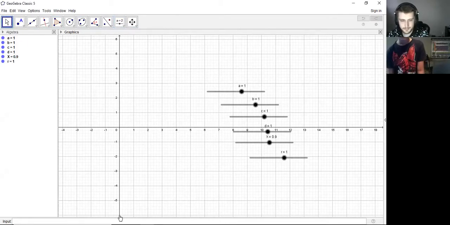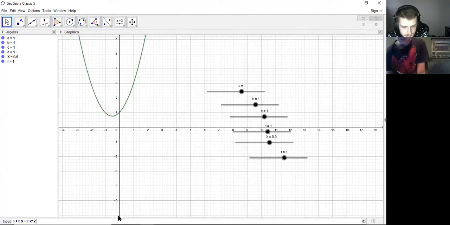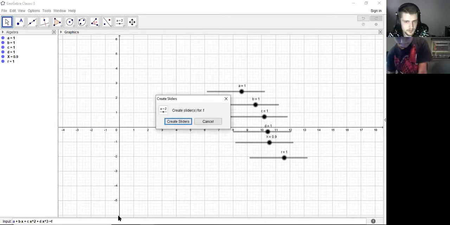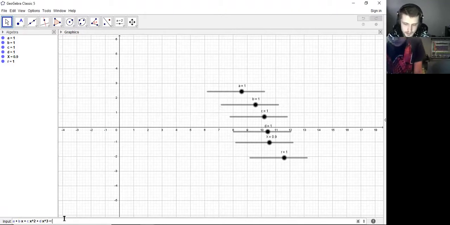Okay, so we have A plus B x plus C x squared plus D x cubed. Cancel, that's not equal to f. Okay, f of x.